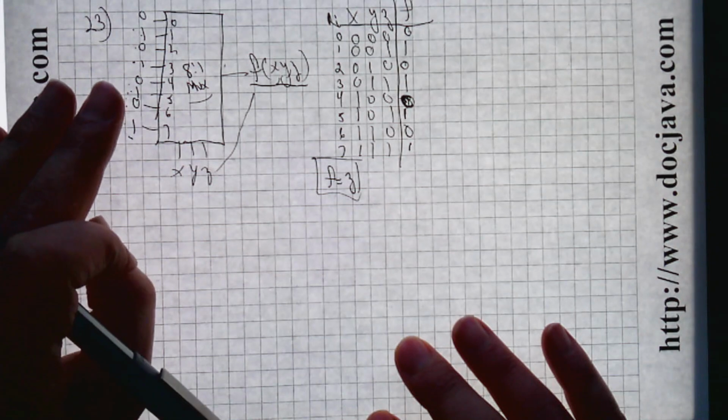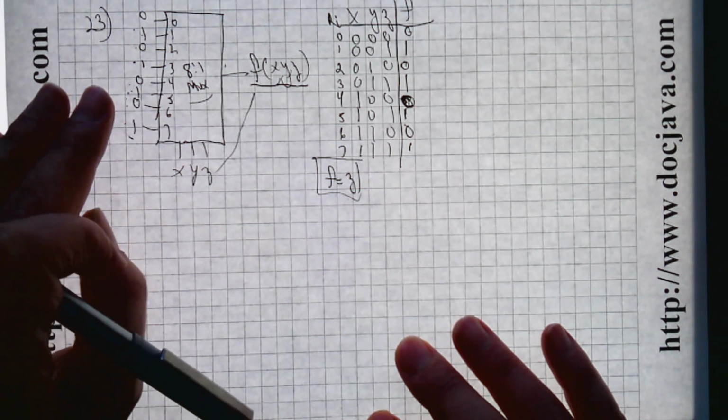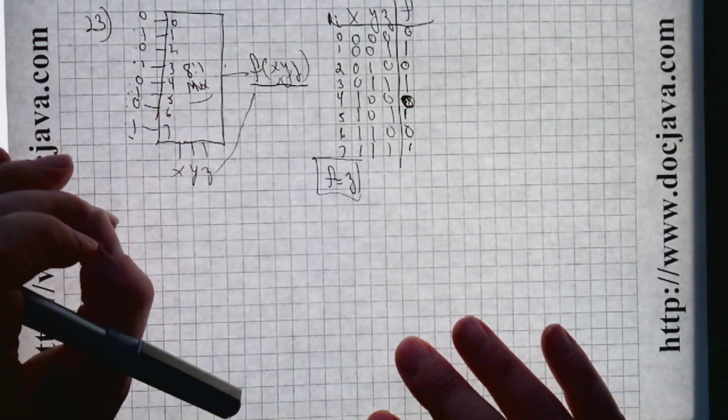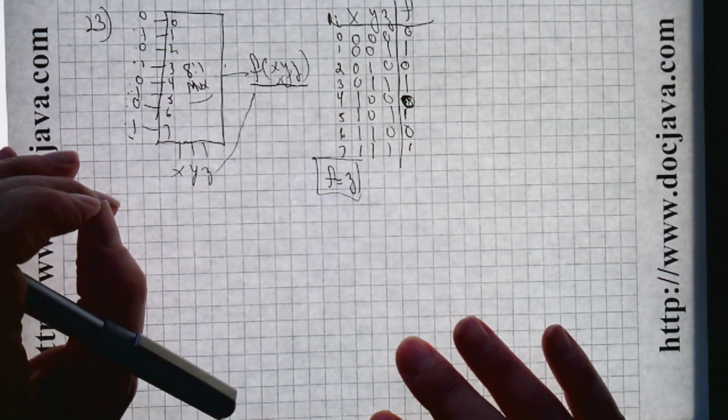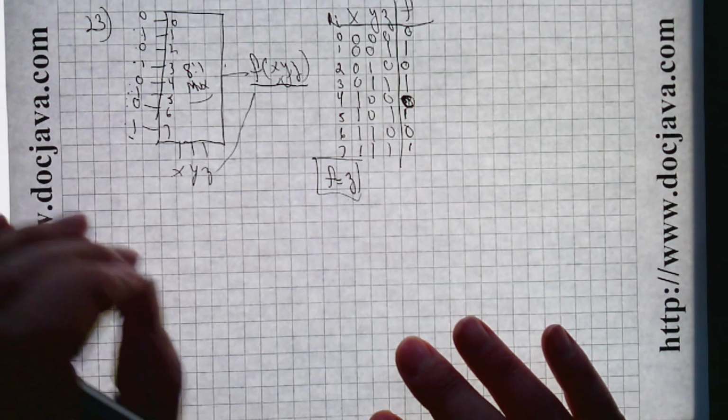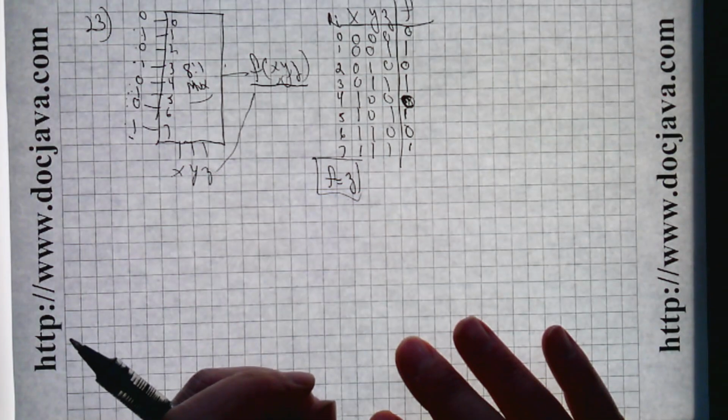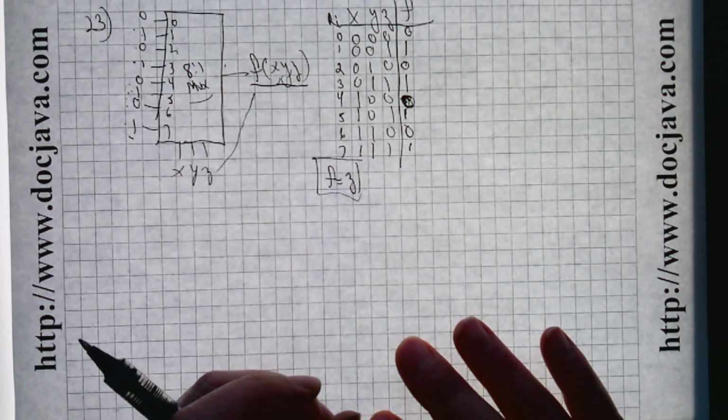Which of the following binary multiplications is correct? So let's see now. Two 4-bit numbers are being multiplied together. So let's see.